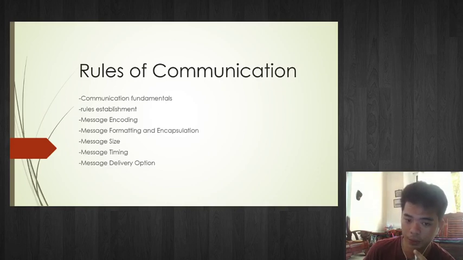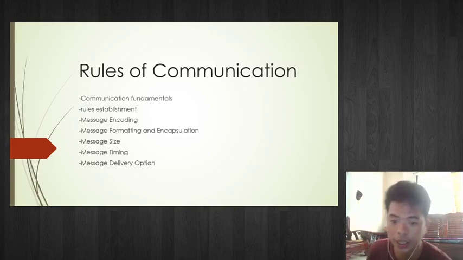The next one is flow control. Timing also affects flow control. If one person speaks too quickly, it is difficult for the other person to hear and understand what they are saying. So that is flow control. Then response timeout.